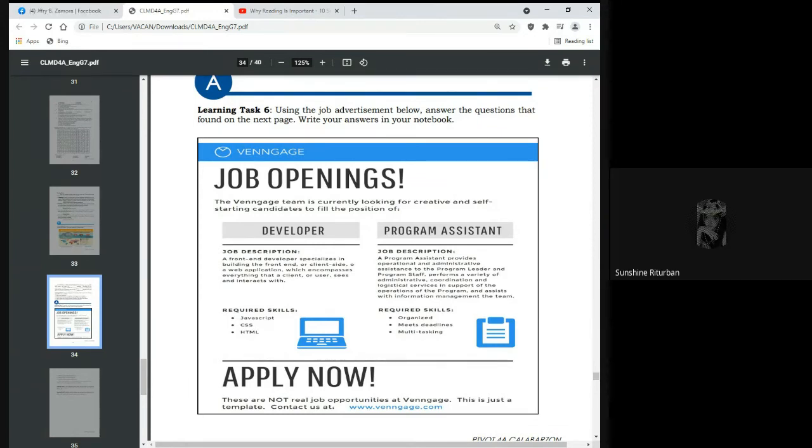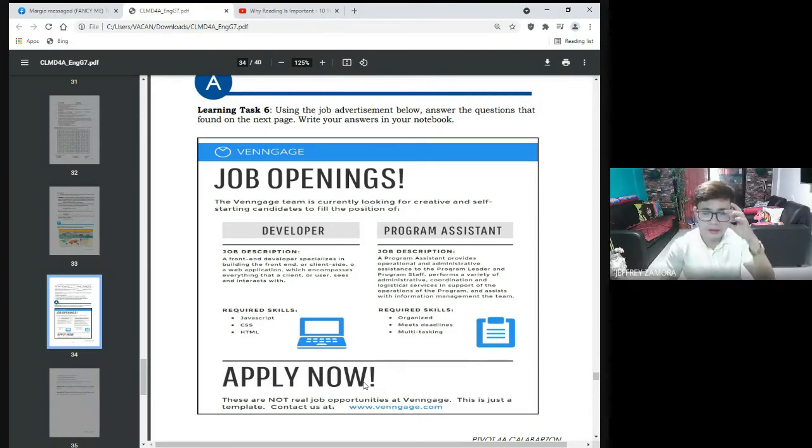A front-end developer specializes in building the front end, the client side of a web application. And the program assistant provides operational and administrative assistance to the program leader and program staff, and performs a variety of administrative, coordination, and logistical services in support of the operations of the program.